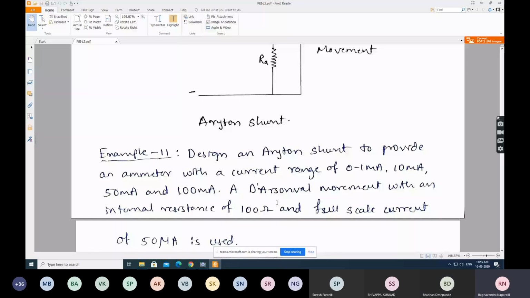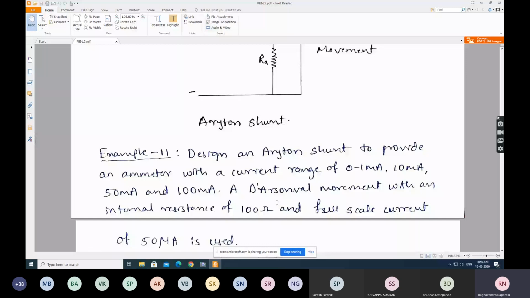First draw the circuit. Okay, this will be the circuit for this.